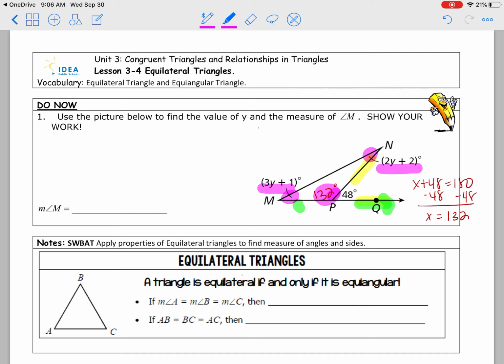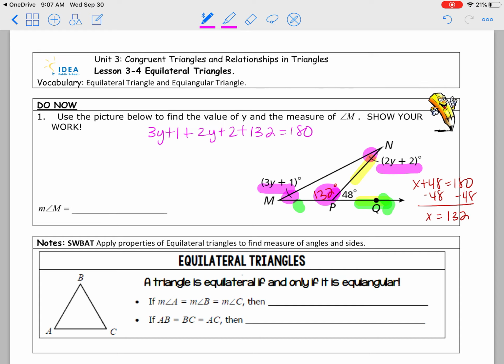So you need to set up an equation, right? Let's recall the triangle angle sum theorem, which states that when you add the three angles, their sum is going to be equal to 180. So we say 3y plus 1 plus 2y plus 2 plus 132 equals 180.